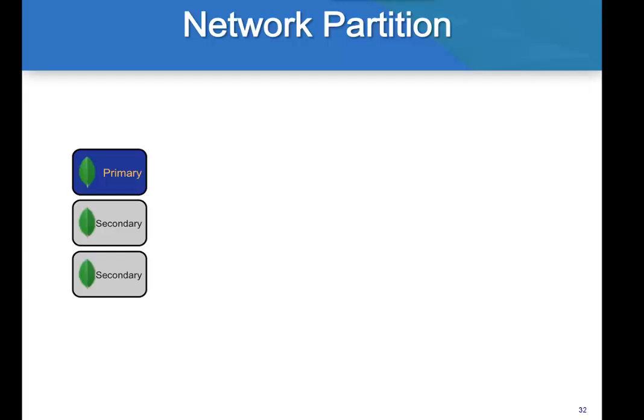So again, let's assume that we have a replica set made out of 3 nodes, 1 primary, 2 secondaries. Now let's say that there is a network partition. That means that there's a network failure, and the secondary node below the yellow bar cannot communicate with the 2 nodes above it, and vice versa.